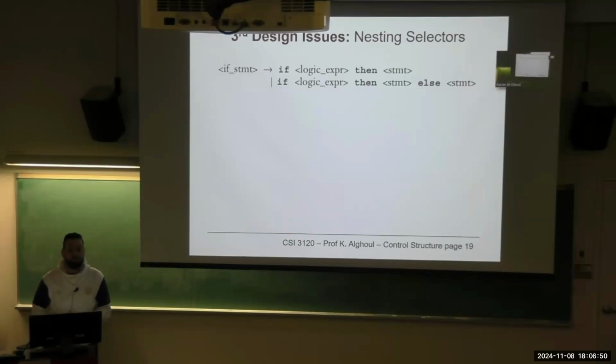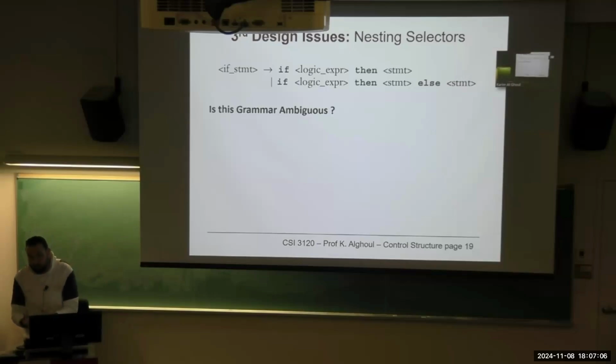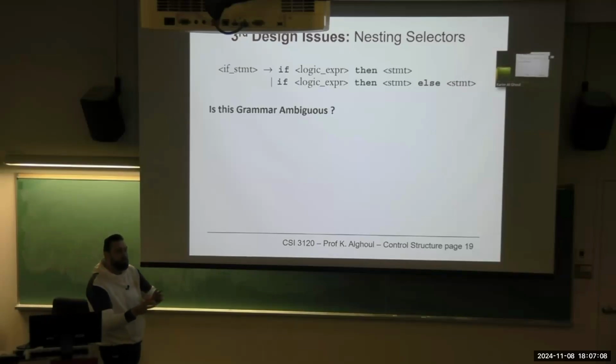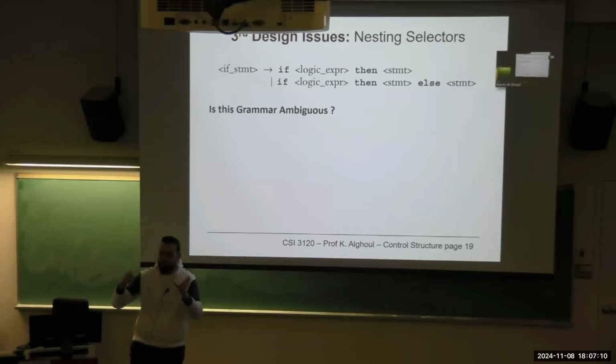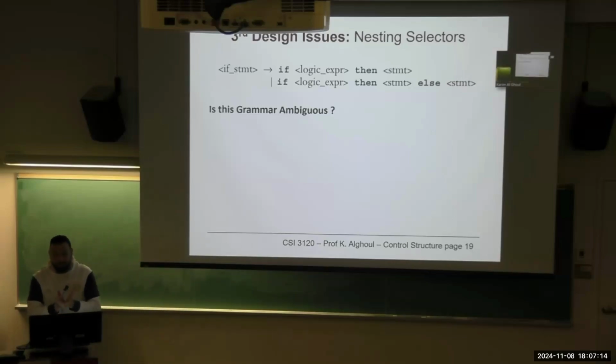Who remembers this grammar? Is this grammar ambiguous? We spent so much time on this, right? But now we're going to be able to use it. That's why we spent time on the grammar. We were talking abstractly, and I know it wasn't making a lot of sense, but now let's see actually what happens.